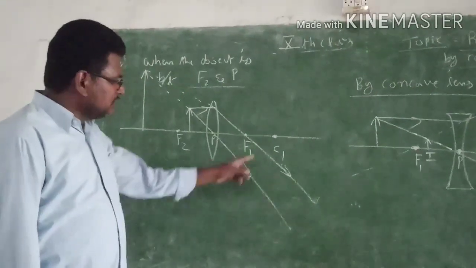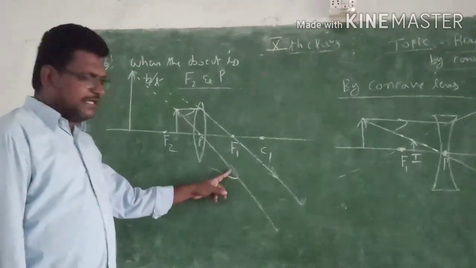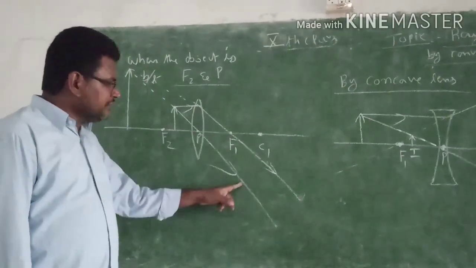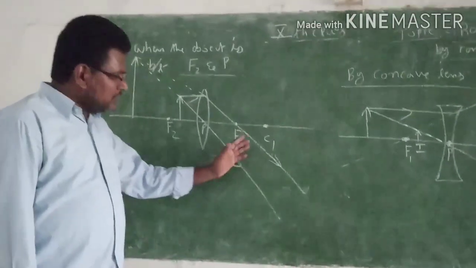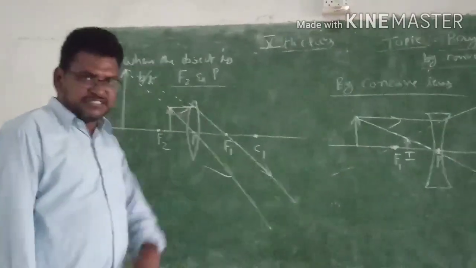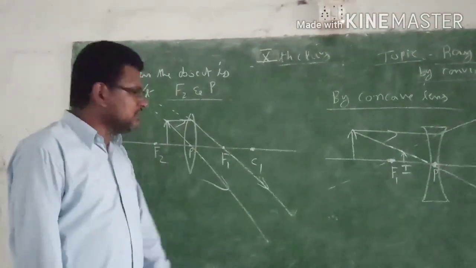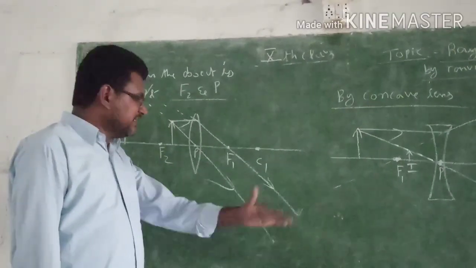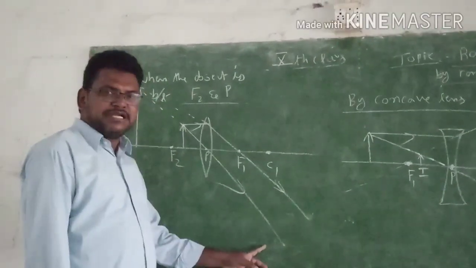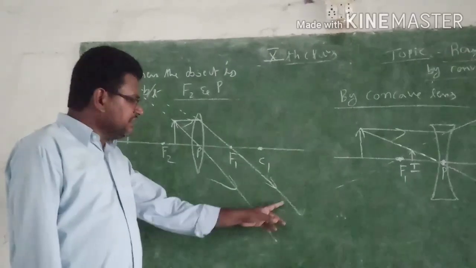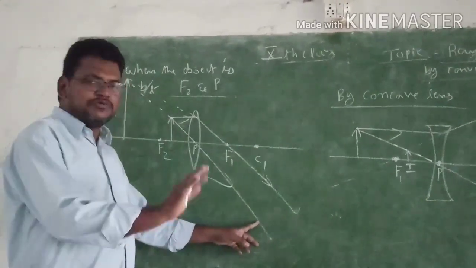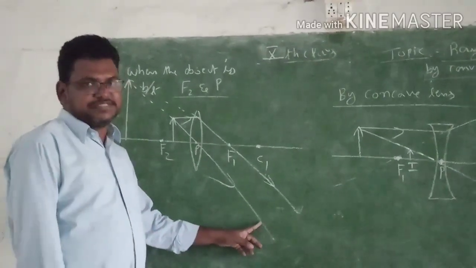But see here, these two are the refracted light rays of the two incident light rays, but these two refracted light rays are moving away from each other, traveling away from each other. That means there is no chance of these refracted light rays intersecting. If these two do not intersect, they don't form any real image.